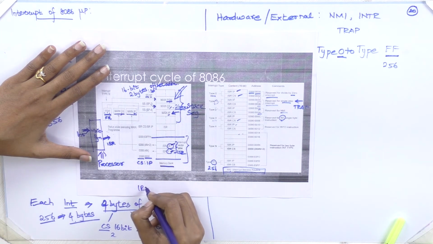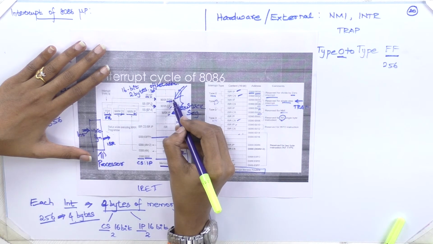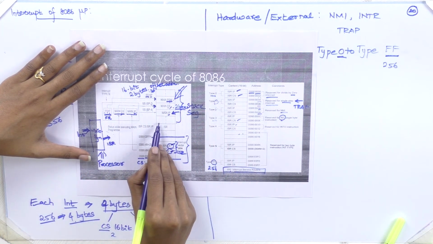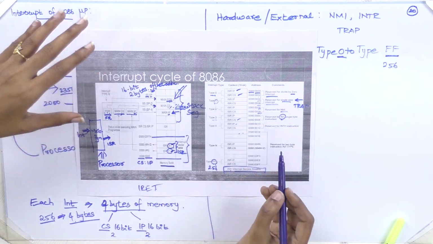After it sees the interrupt return, it looks into the stack again, retrieves the main program's values, then continues with the main program execution. So this is what happens when an interrupt occurs in the 8086 microprocessor.